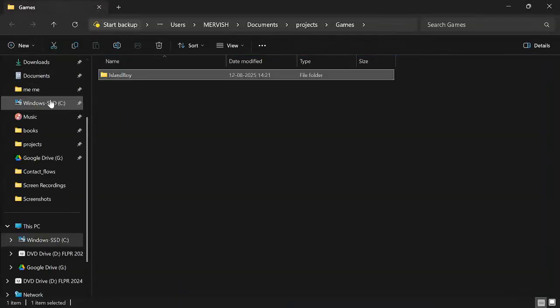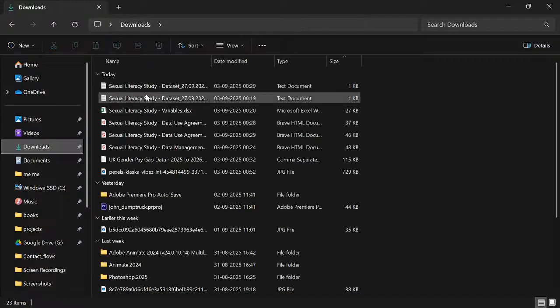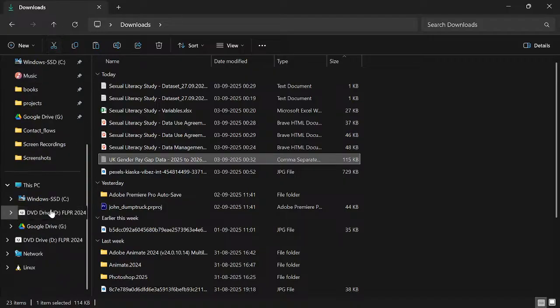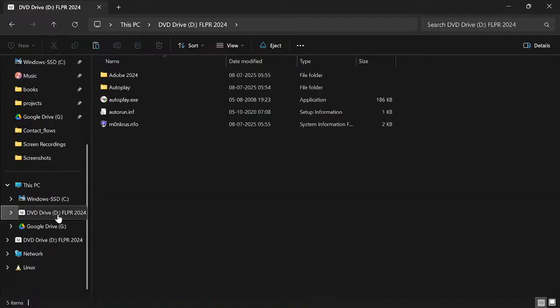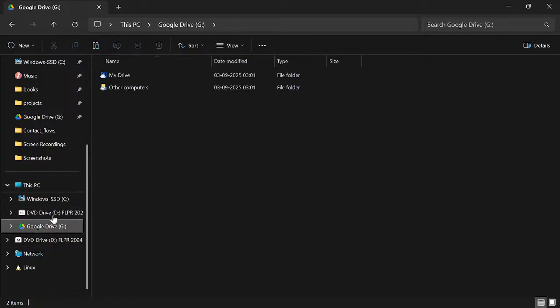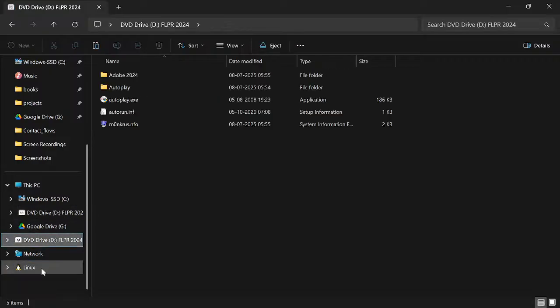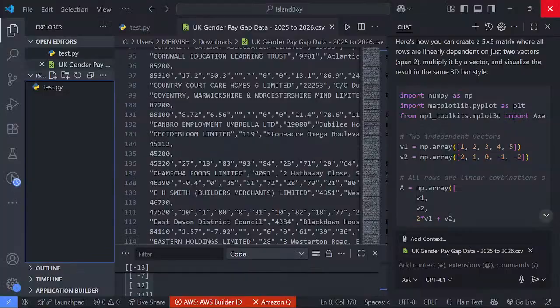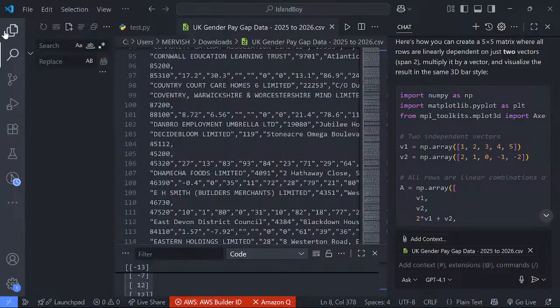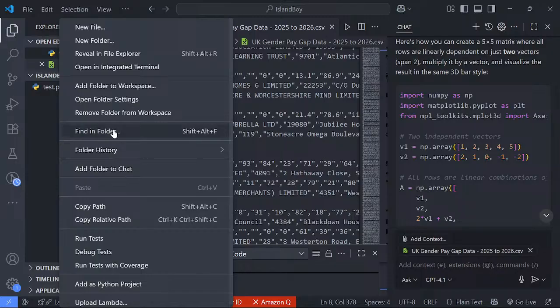Okay. I want to cut this. What am I looking at?